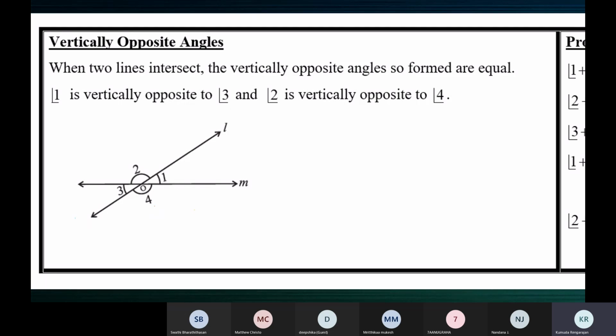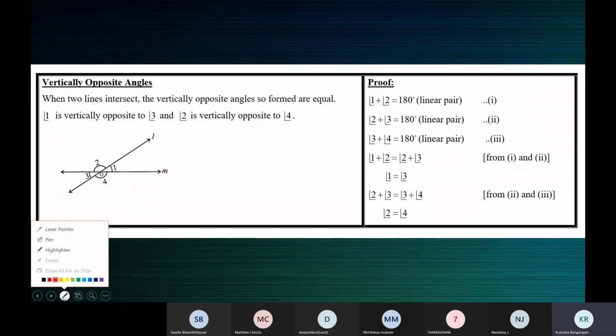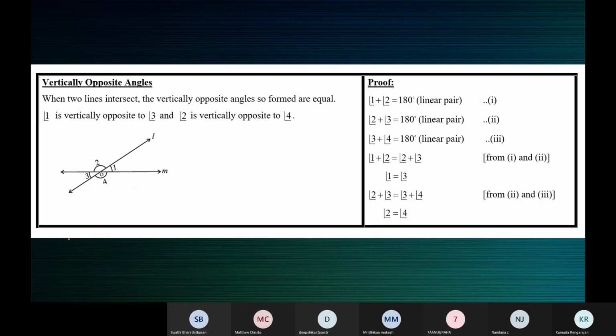Good. Can we all see that, children? See the line L here. Can you see line L goes like this? And there is a line like this. This is angle 2 and this is angle 3.